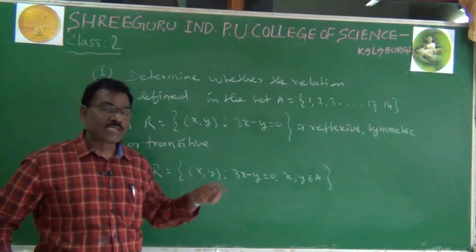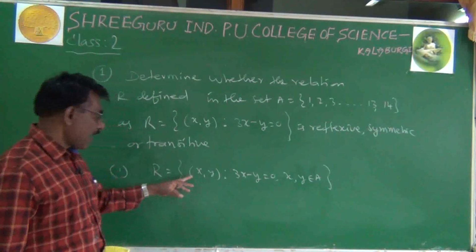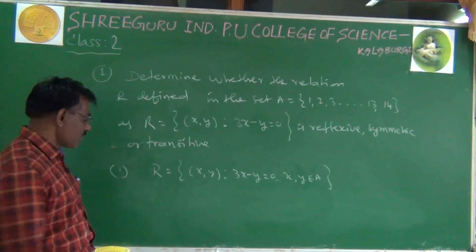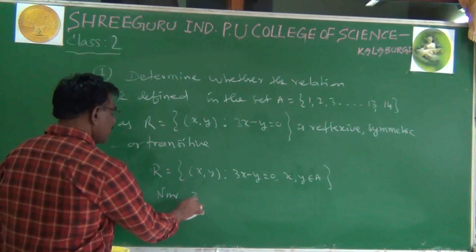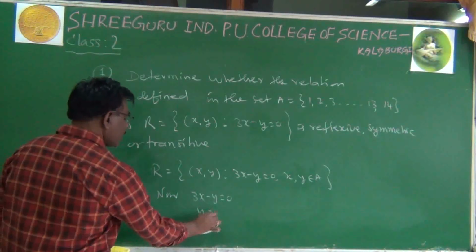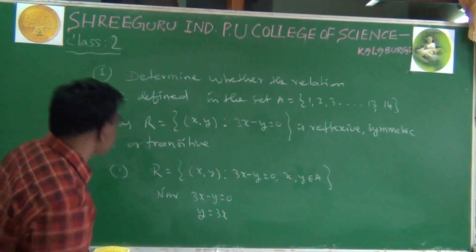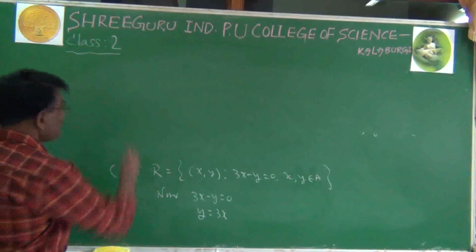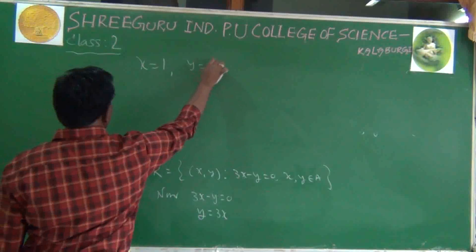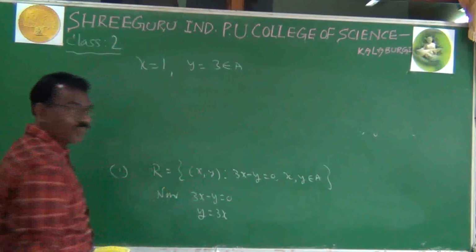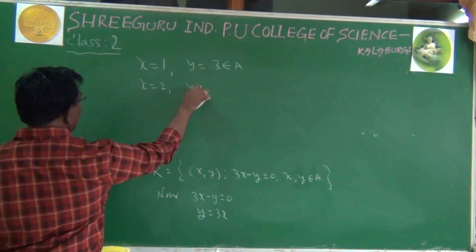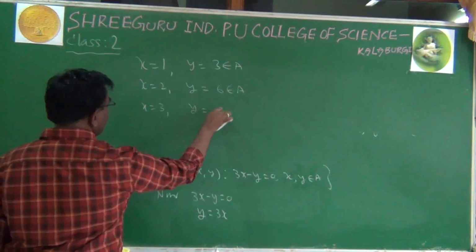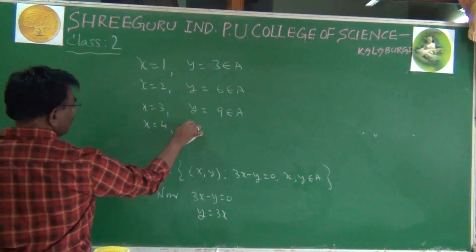Suppose two sets are given, x belongs to A and y belongs to B. Here x, y belong to A. Now 3x - y = 0, so y = 3x. If x is 1, y is 3; x is 2, y is 6; x is 3, y is 9; x is 4, y is 12.